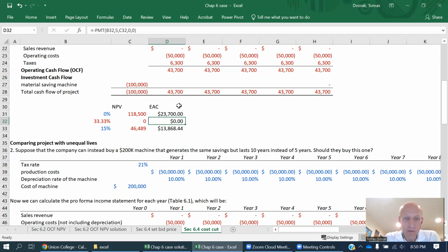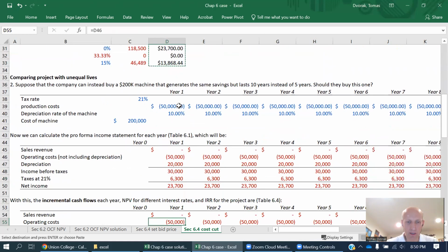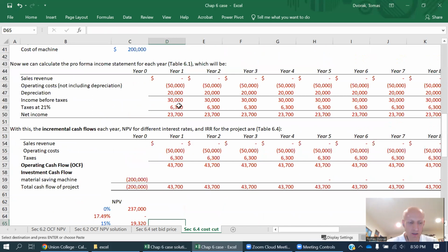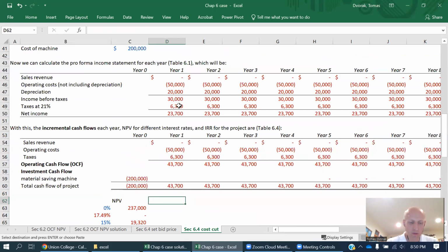If we have a 15% discount rate, the benefit is 13,868. Let's calculate, and we can actually copy these cells. I'm going to do Control C and copy them down here. Control V.